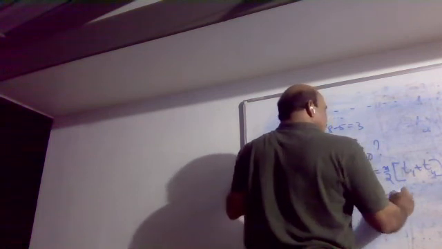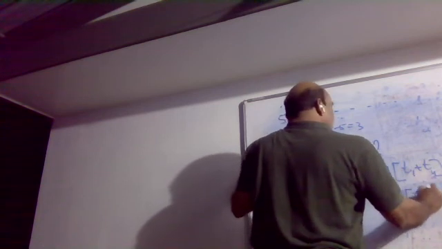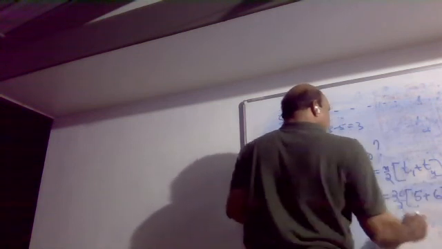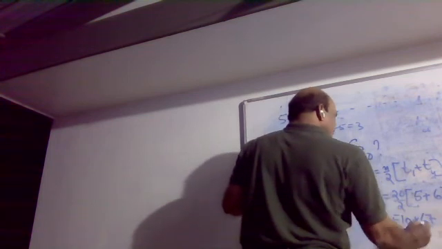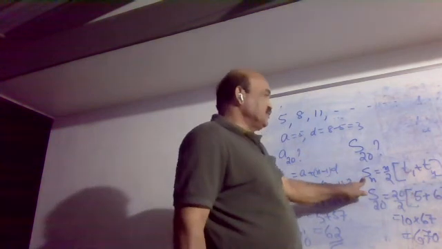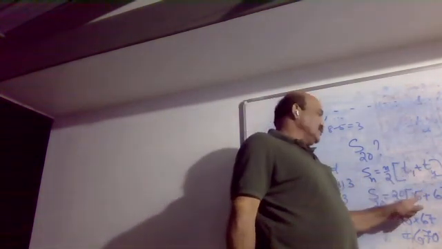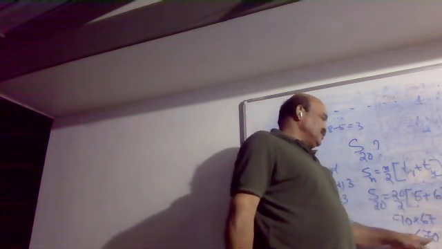Here S20 = 20/2 × (t1 which is 5, plus tn). What is tn? t20 is 62. So it is 10 × 67 = 670. So the sum of n terms of this AP is n/2 times first term plus last term, that is 5 + 62 = 67, times 10 is 670.